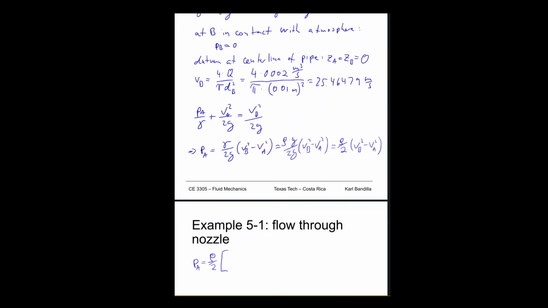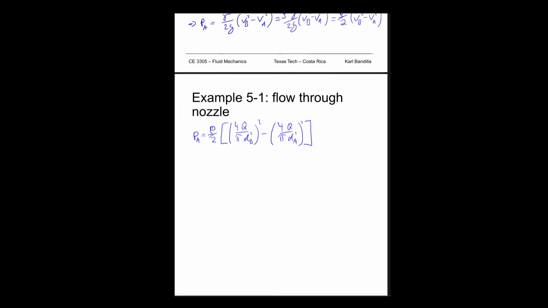That was 4Q divided by pi dB squared, that's all squared, minus our VA, which was the same, squared. Of course, we could just take the numbers and plug them in, but let's try and do this as far along as we can using variables. And now we can think about simplifying this a little bit.